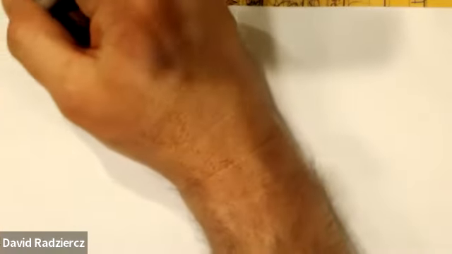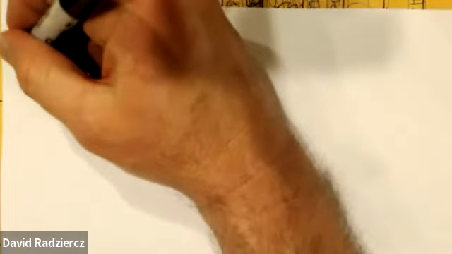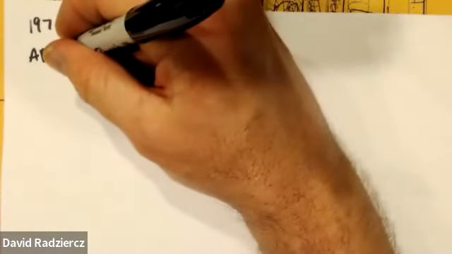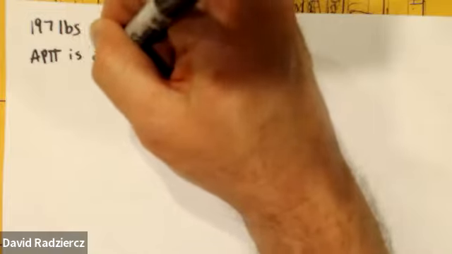Let's say I have a patient that weighs 197 pounds. That way we can try the rounding thing. They have, after 6 hours, so they've already been on a protocol, their APTT is 28 seconds.